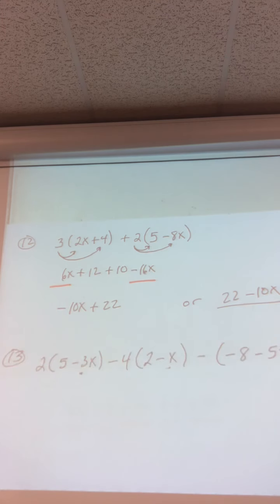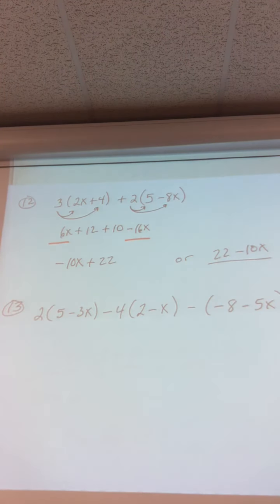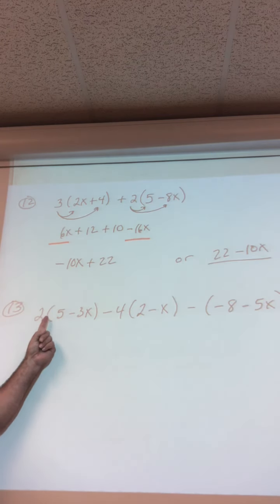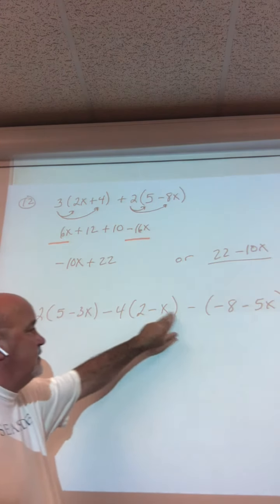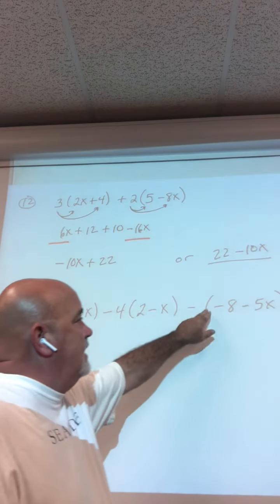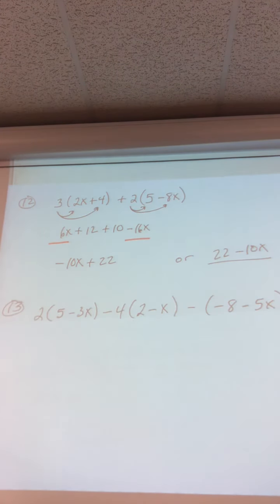Okay, let's do one more to close out this section. So we've got 2 times 5 minus 3x minus 4 times 2 minus x minus negative 8 times 8 minus negative 8 minus 5x.